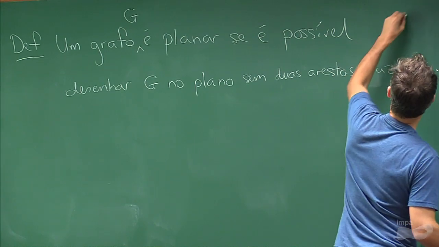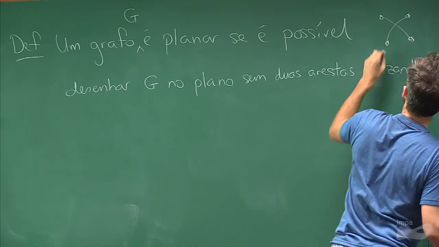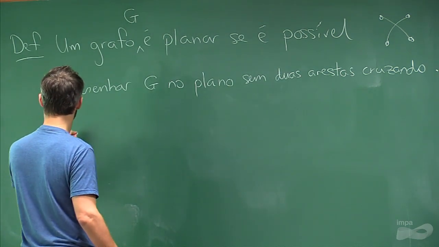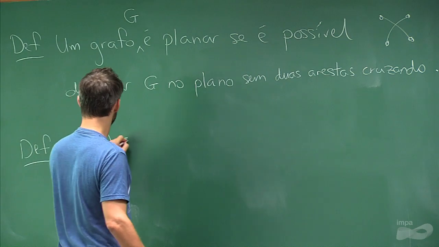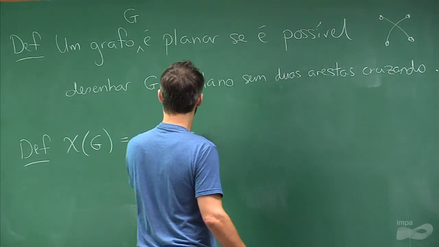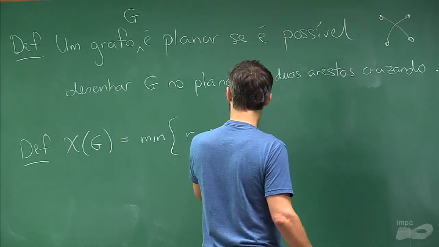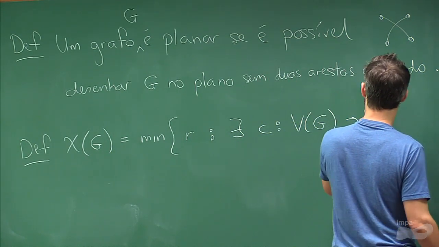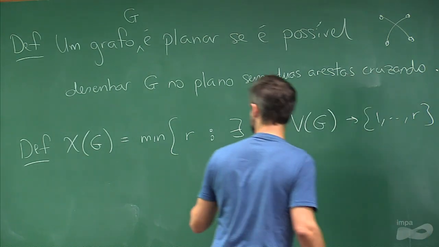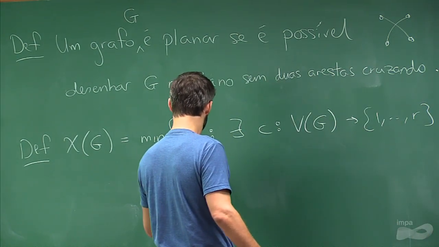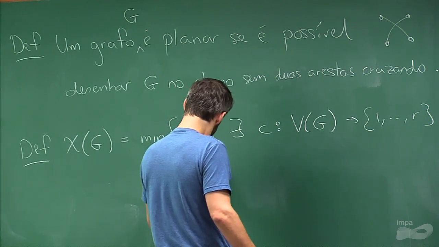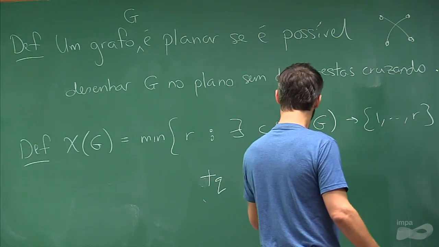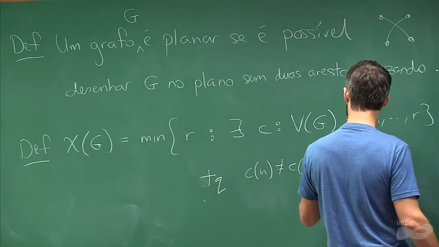So this is forbidden. And the definition: the chromatic number of a graph is the minimum r such that there exists a colouring of the vertices of G with r colours such that the endpoints of edges get distinct colours.